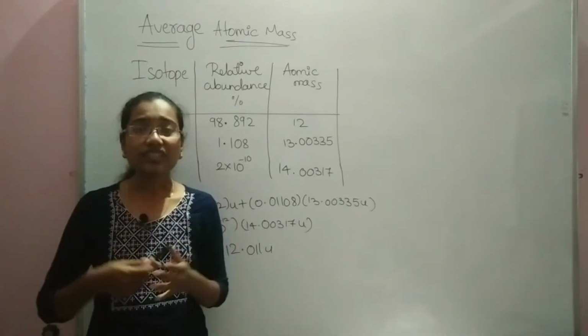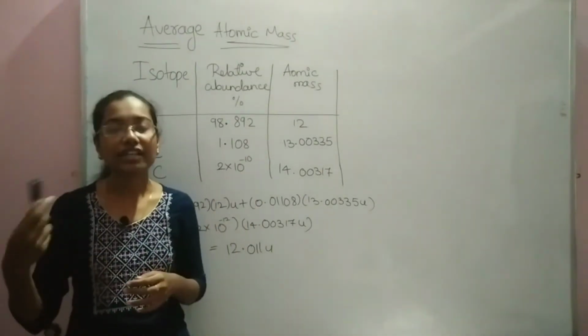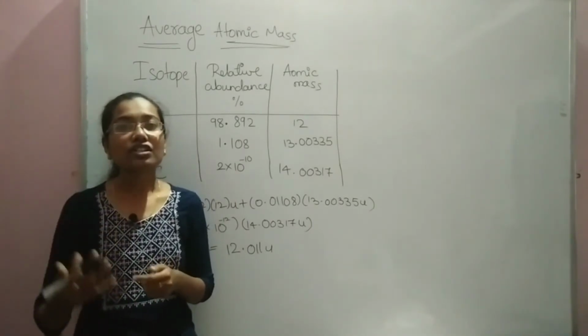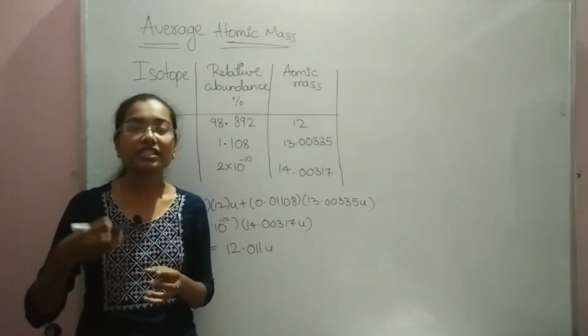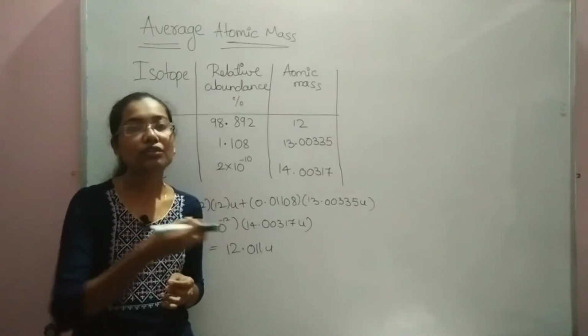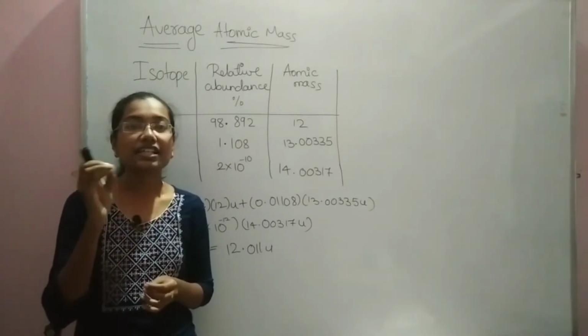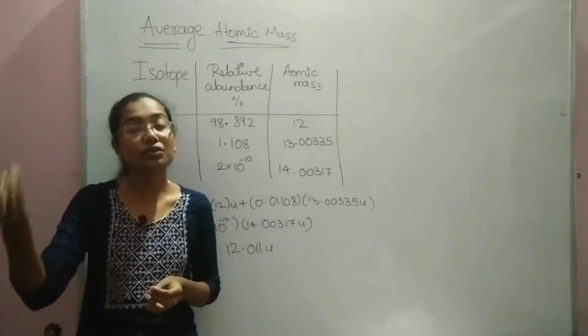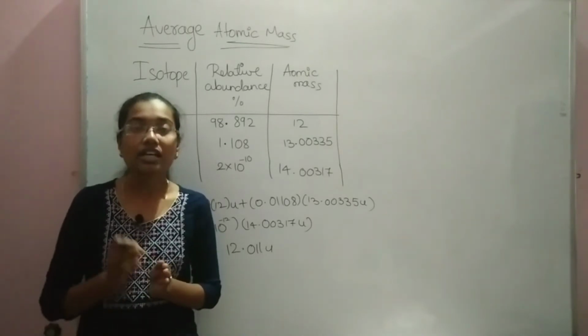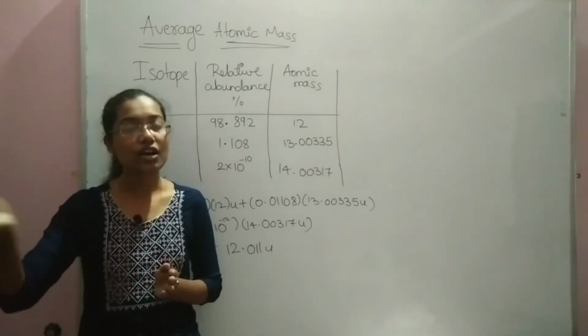So whenever we are asked for the atomic mass of any element, if it has a number of isotopes, we cannot say 12 or 13 or 14 accurately. If they specify what is the atomic mass of C12, then we can say it is 12. If they ask what is the atomic mass of C14, then we can say it is 14.